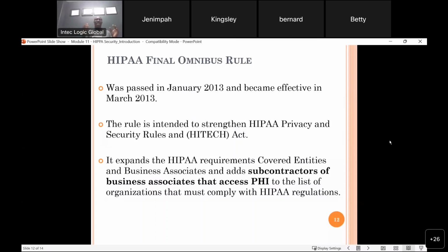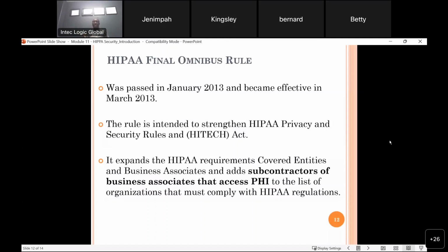So any engagement that a covered entity has with a business associate, they are supposed to sign what we call a business associate agreement, BAA. It is also required that the business associate, that is IntechLogic, and my subcontractor Amazon, the two of us, also sign a business associate agreement.